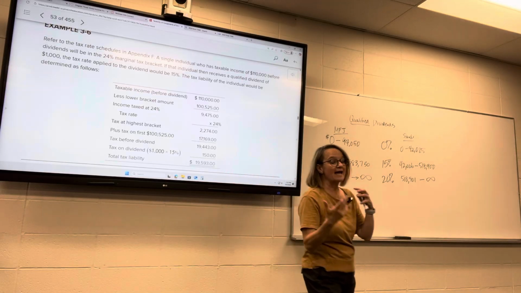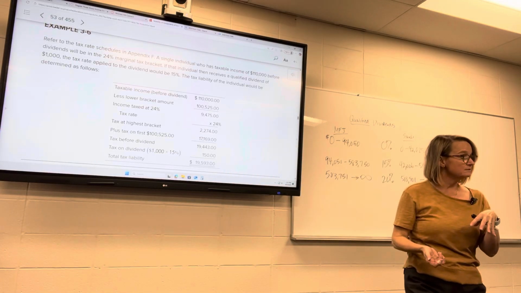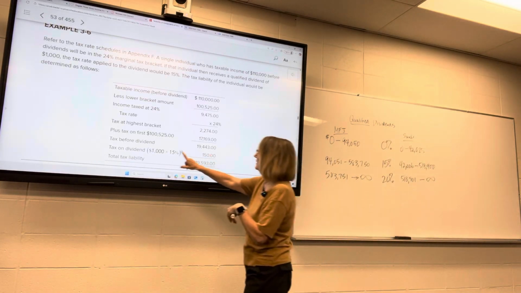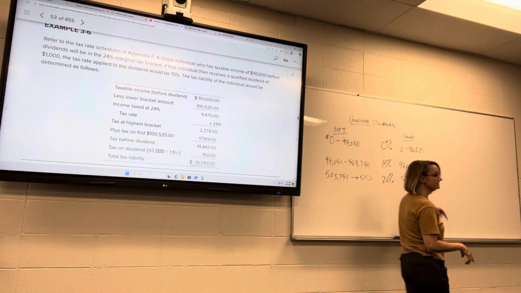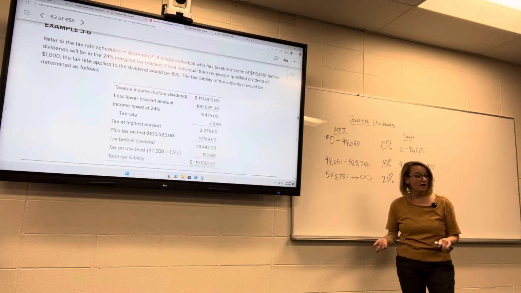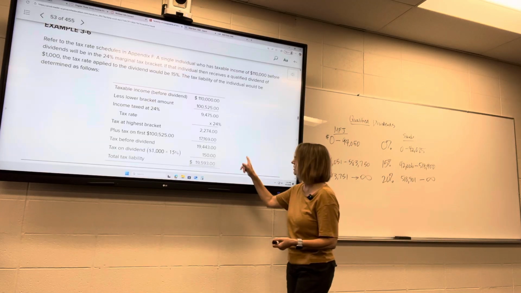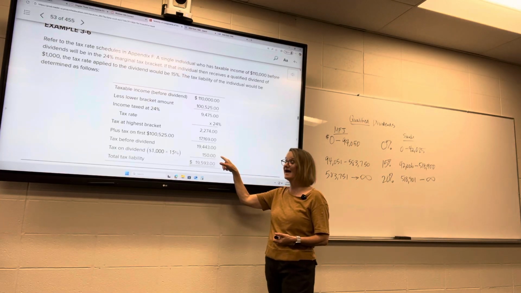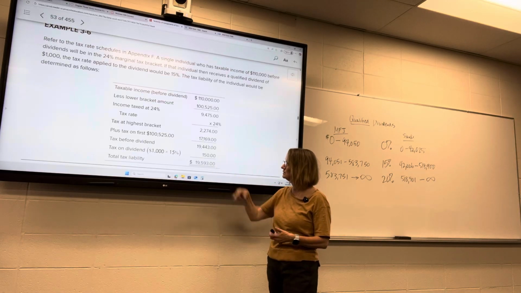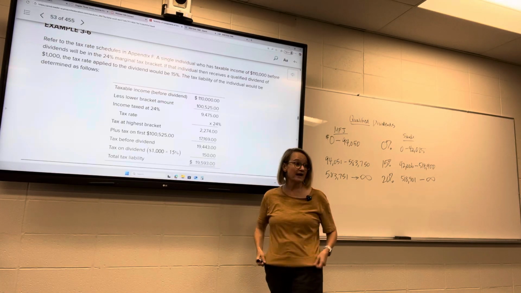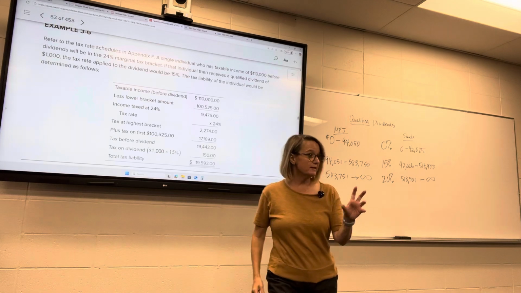But now we have to add the tax on the dividend. So $1,000 of dividend at 15%. They're paying $150 of tax on that dividend. Now we add that to the ordinary tax. Add those two together. Total tax liability is $19,593. Look at what it does.